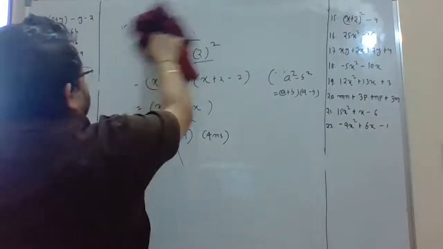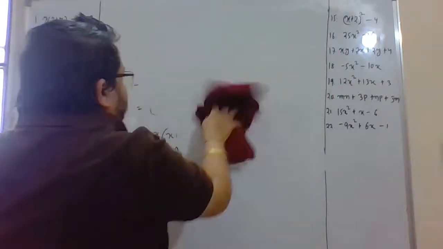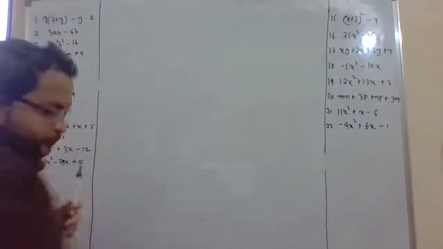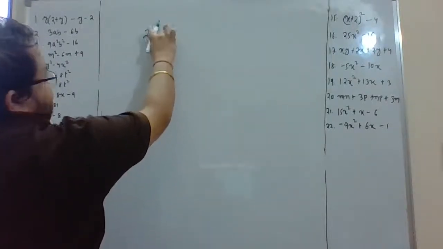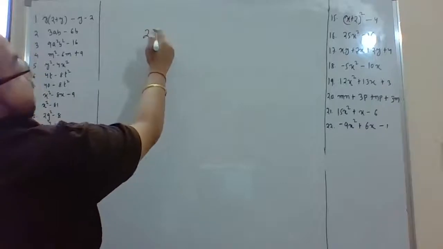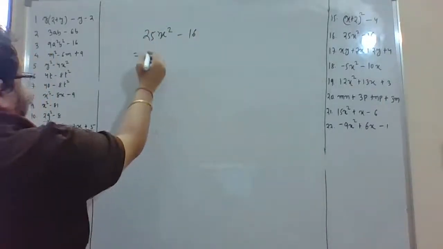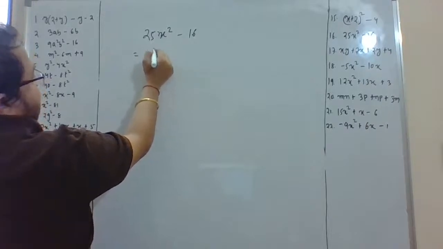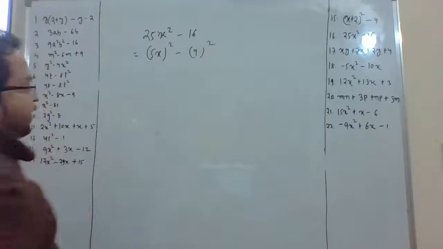Now let's move on to the next practice problem, that is 25x squared minus 16. So again, this is one of the very simple ones. 25x squared minus 16. So here it can be rewritten as (5x) squared minus square of 4, right?